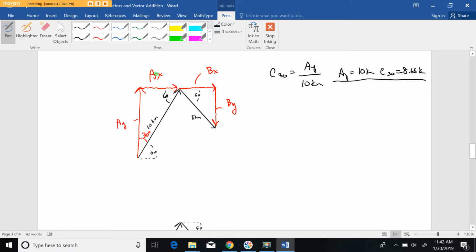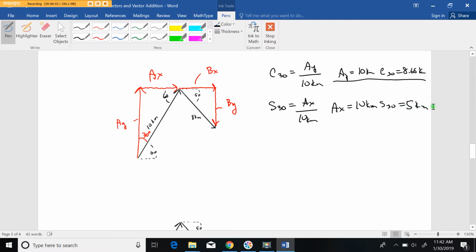AX is opposite the 30-degree angle, so we can find that with the sine function. The sine of 30 degrees is going to equal AX over the hypotenuse here, which is 10 kilometers. So AX is going to equal 10 kilometers times the sine of 30 degrees, which is 5 kilometers.